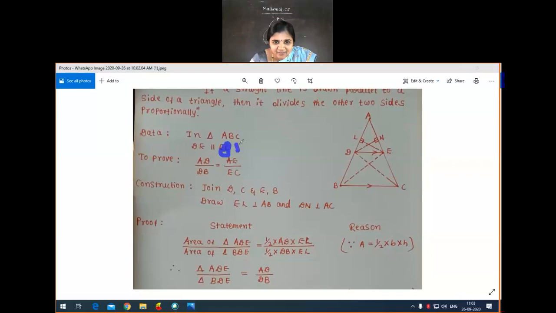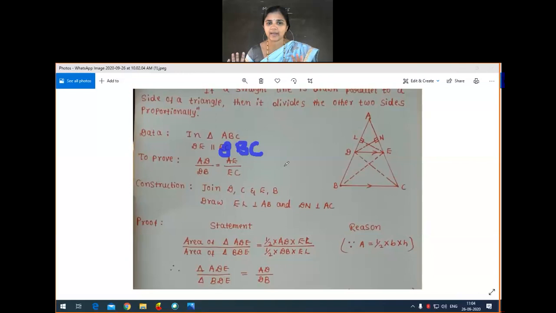It is very difficult to write using this. Now it is clear, no? In triangle ABC, DE is parallel to BC. This is about the given statement.